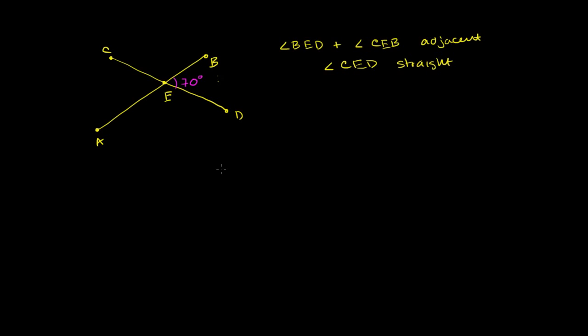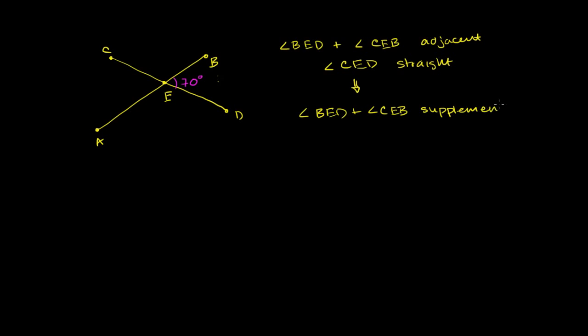So we know that these two angles must also be supplementary. They're next to each other and they form a straight angle when you take their outer sides. So angle BED and angle CEB are supplementary, which means their measures add up to 180 degrees.